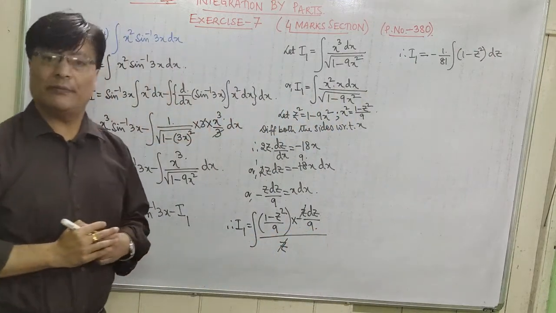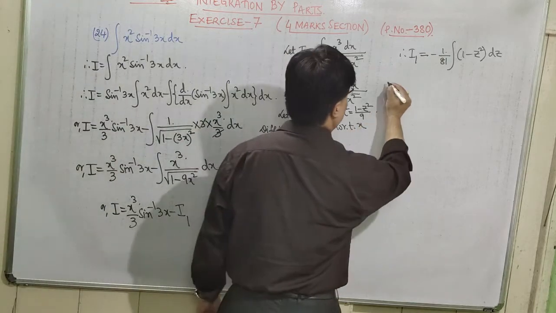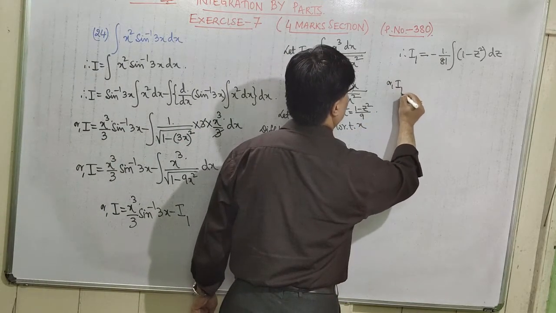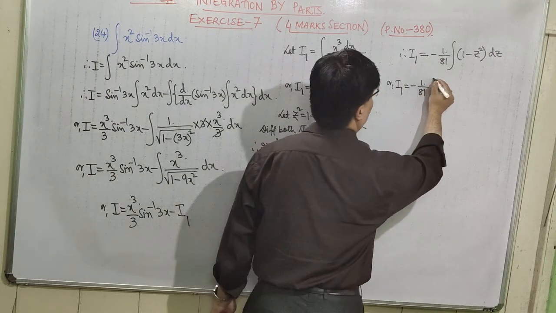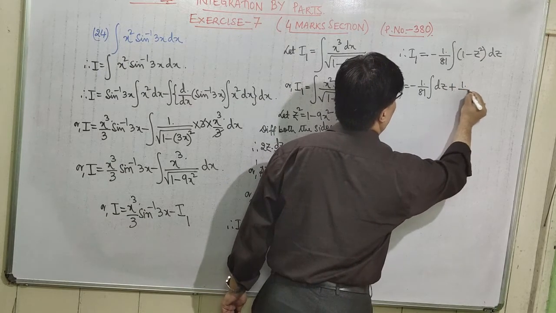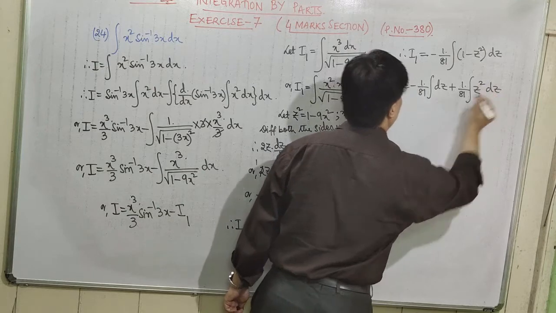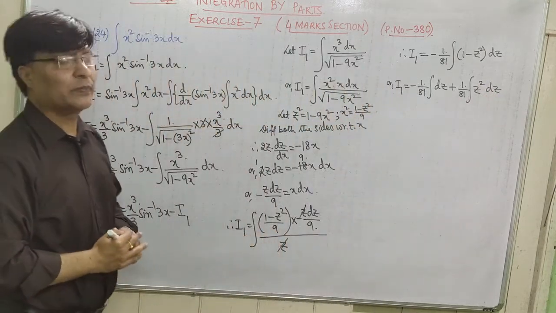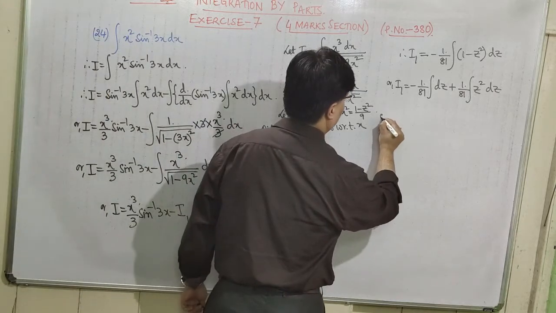So I hope you have understood it. Okay. So let us separate the term in this case. Or I1 is equal to minus 1 by 81. Let us multiply it. Integration of dz, minus into minus plus 1 by 81 integration of z square dz. Is that clear?